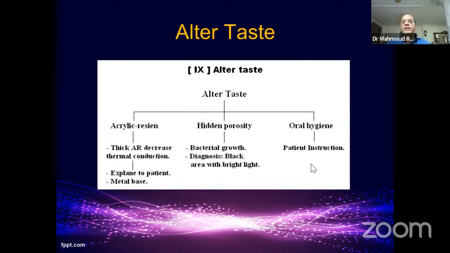Bad oral hygiene, if the patient can't brush his denture well and can't clean it well from food debris, will also cause inflammation of the mucosa and alteration of taste sensation. So you must educate and motivate your patient about good oral hygiene measures and instruct the patient well to do his proper oral hygiene measures after you deliver your denture.